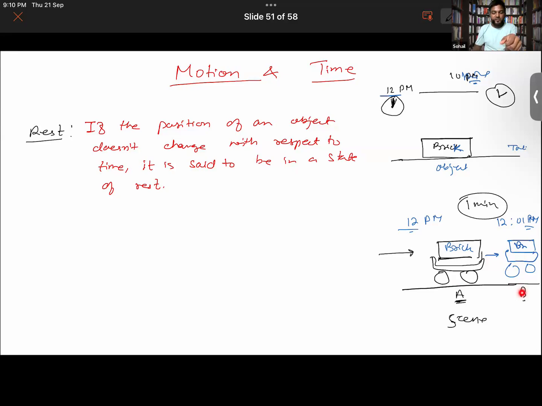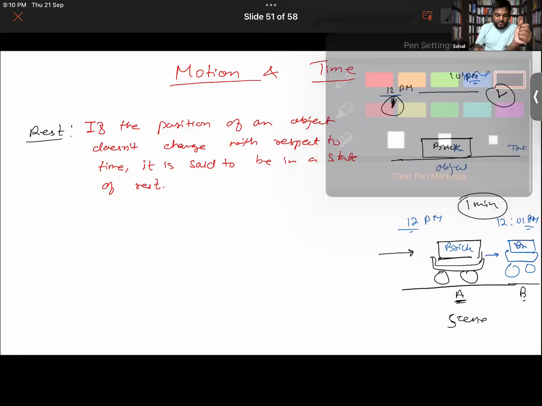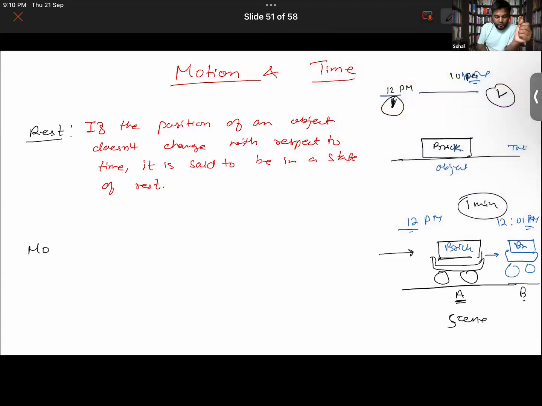Is it clear to all three of you? Yes, sir. So in this case, we say that the object is in motion. So how do you define this? We can say that motion is the opposite of rest. Exactly, motion is just the opposite of rest.